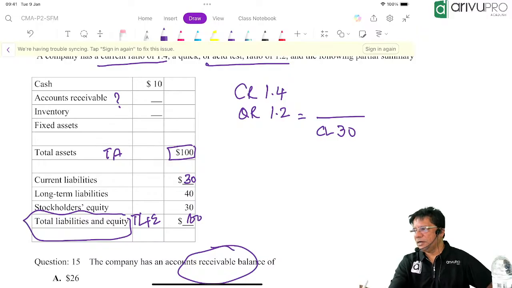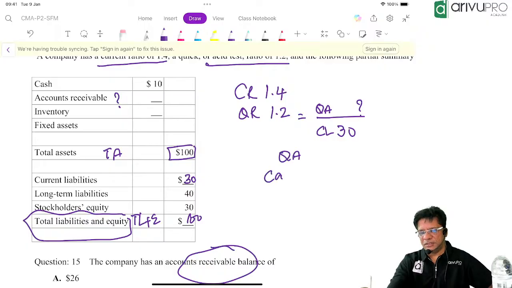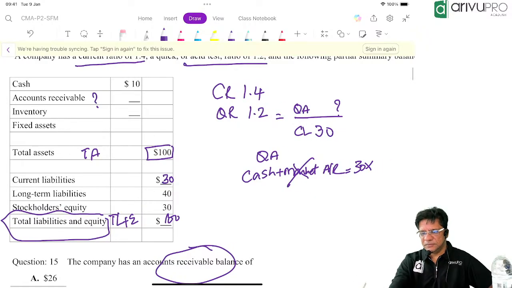Now we got current liability 30. Numerator quick assets is how much? Quick assets means cash plus marketable securities plus AR. 30 into 1.2, correct?